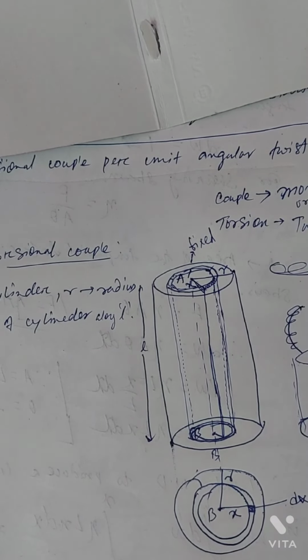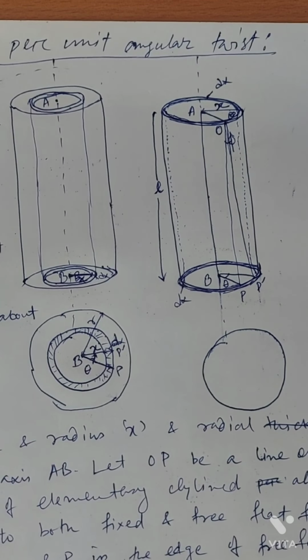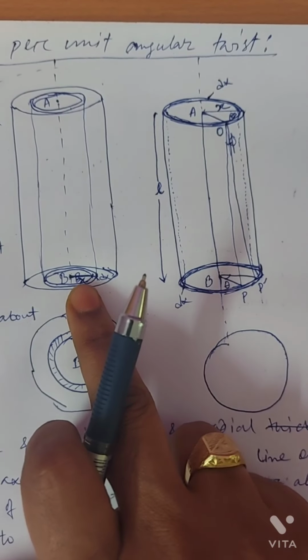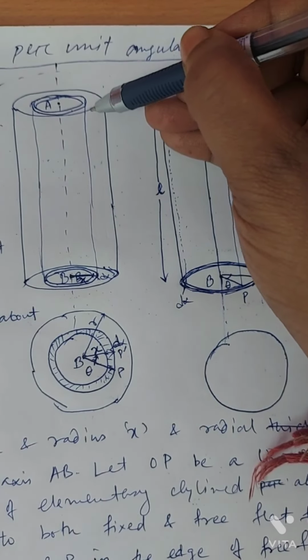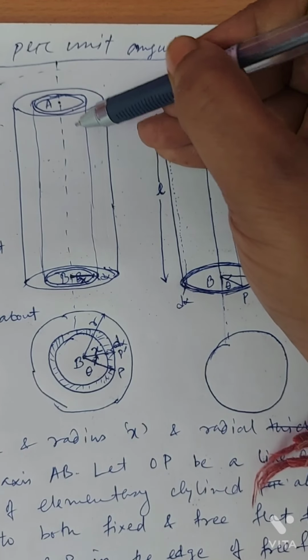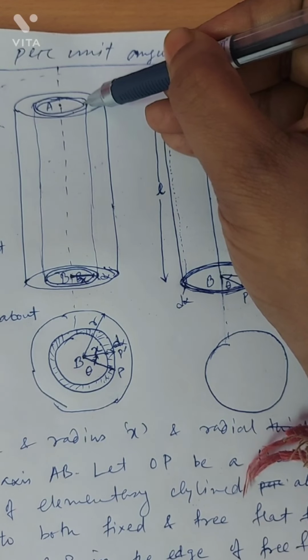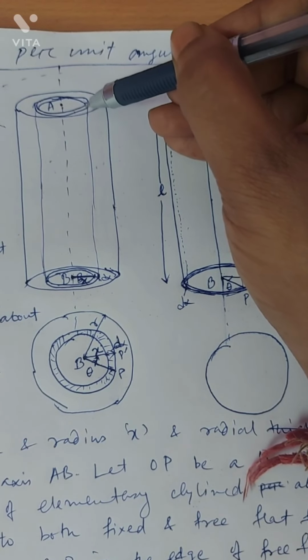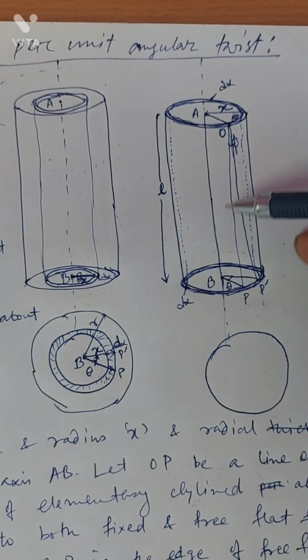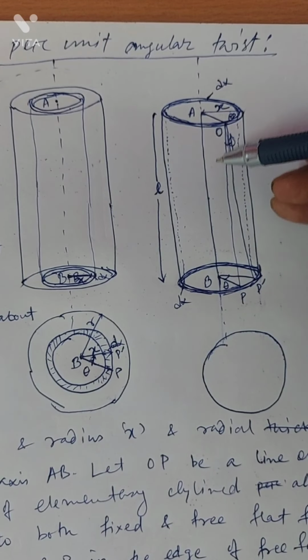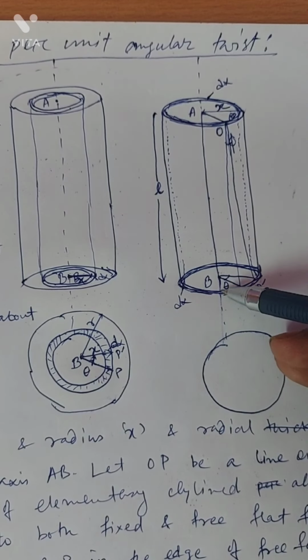To make it clear, this was the original solid cylinder of length L and radius R, and this is the coaxial hollow cylinder. This is the fixed face A, this is the free face B.